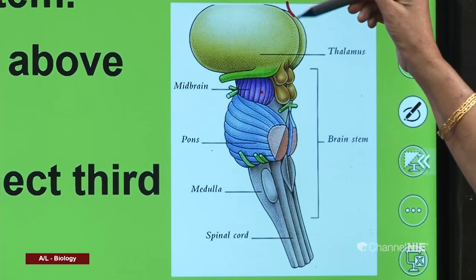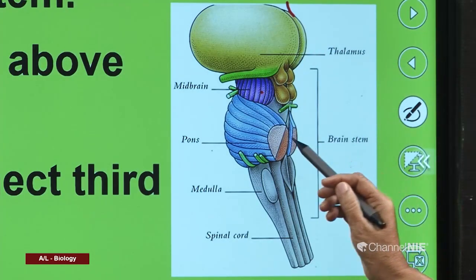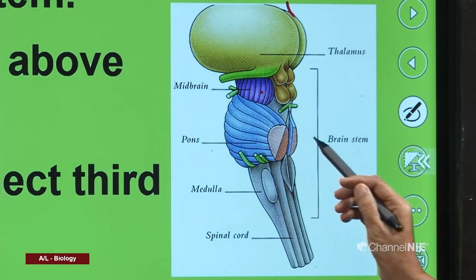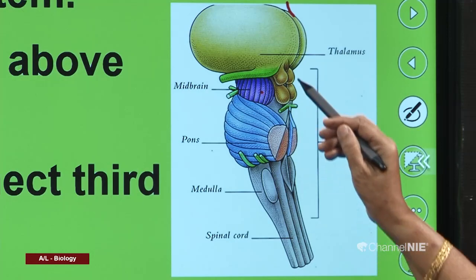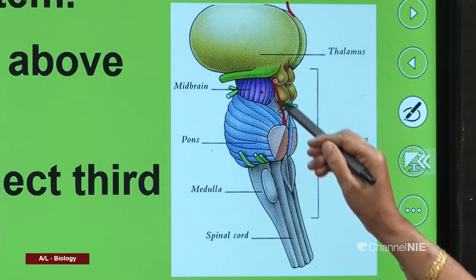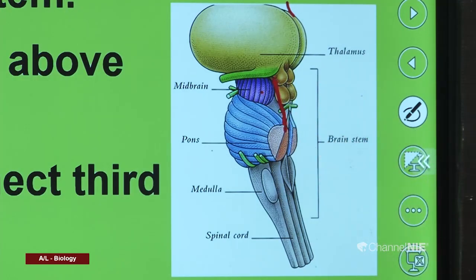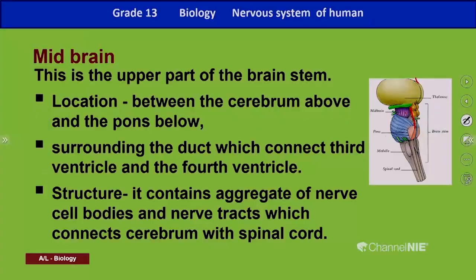The third ventricle is present within the thalamus area. The fourth ventricle is present within the hindbrain region. So, there is actually a duct which connects these 2 together. That duct runs through the midbrain, understood, right, okay.